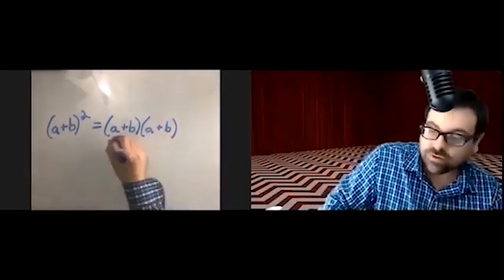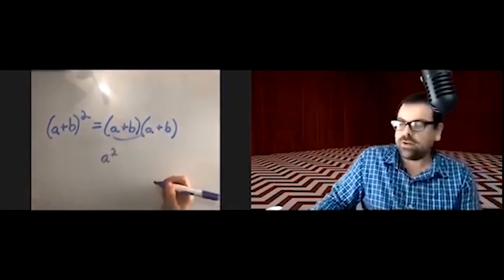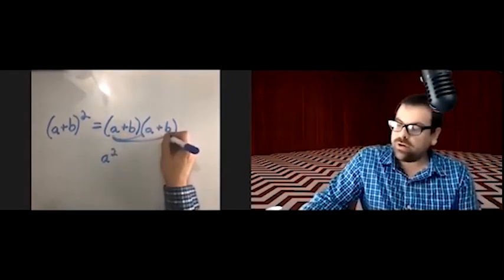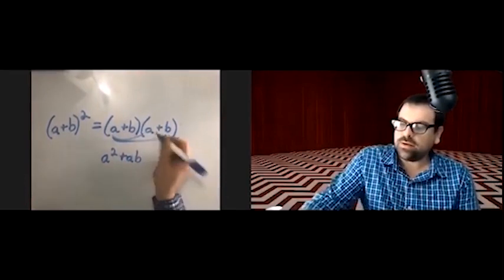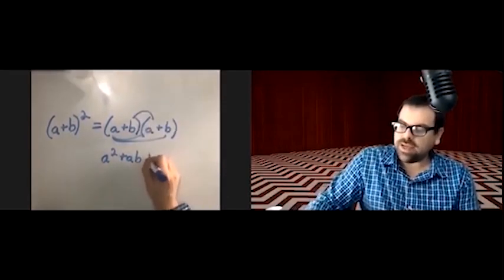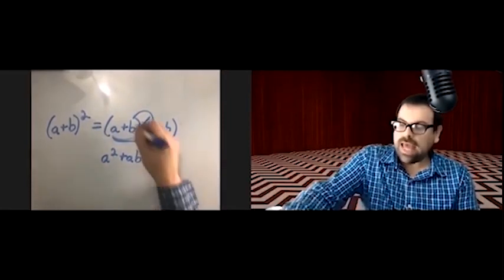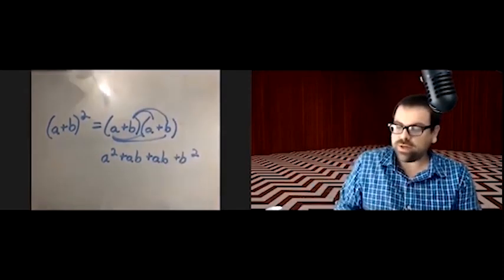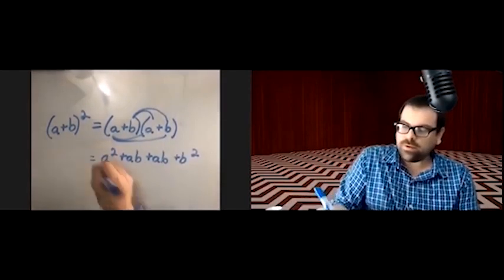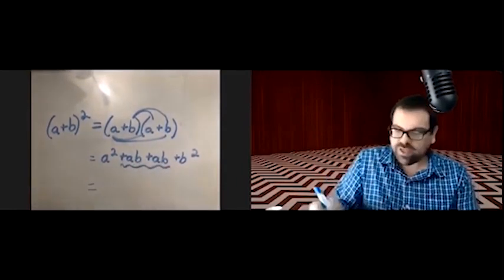We would multiply the first. A times A is A squared. Outer, A times B, plus AB. Inner, it's A times B again, plus AB. Last, B times B, plus B squared. Here, the middle terms don't cancel, but there's two of them.